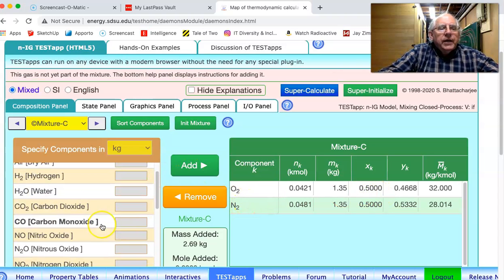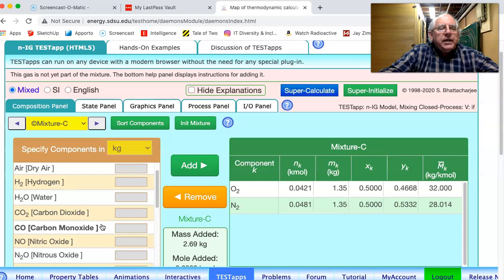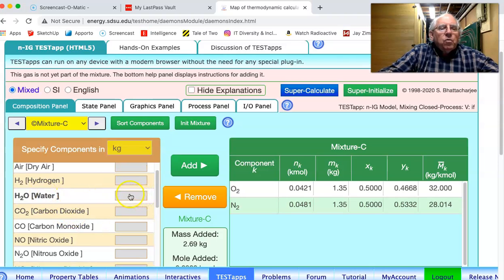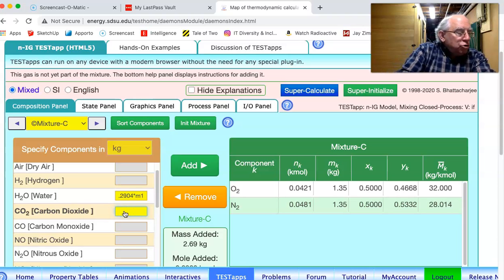On the left-hand side, the water had a mass fraction of 0.2904 times mass 1, and the CO2 had a mass fraction of 0.7096 times mass 1.